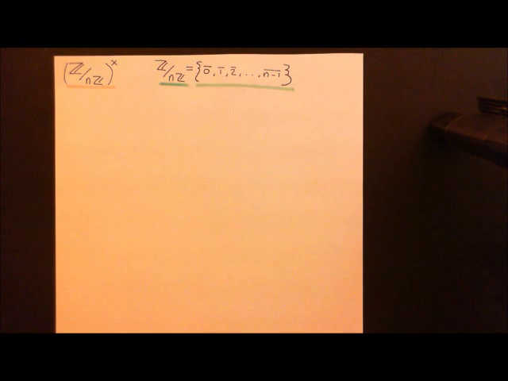If you want to add two cosets together, you take a representative from each of them, add them together in the initial ring, which is the integers in this case, get some answer in the integers, and then take the coset that contains that answer. And it's the same for multiplication. Take a representative from both cosets, multiply them together in the integers, get some answer, and then take the coset that contains that. That's your answer. That is how we add and multiply in this quotient ring, this modular arithmetic ring.